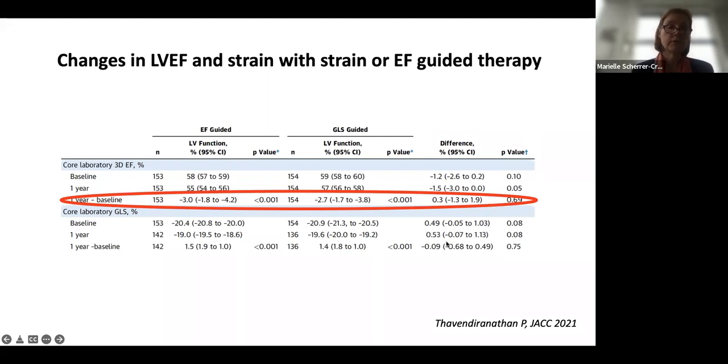So, some of the explanations that they gave was that the EF by itself is an imperfect endpoint. We will see what the results will be at 2 years. So for the moment, there is no proof that guiding yourself with strain will change the endpoint, at least of 2D EF.